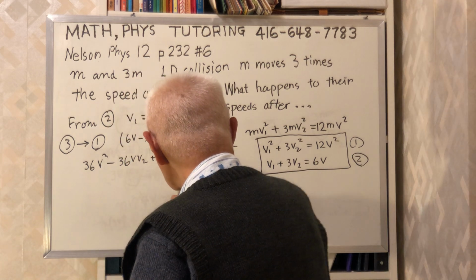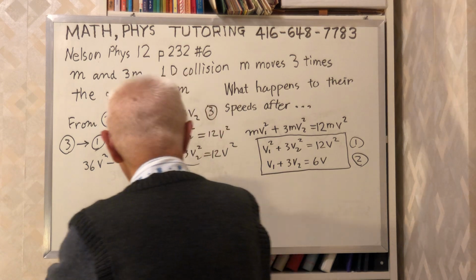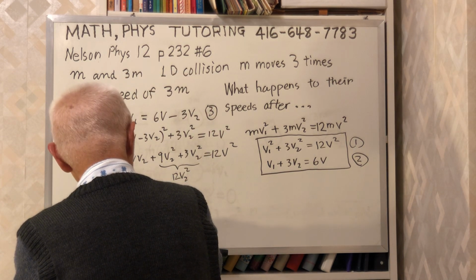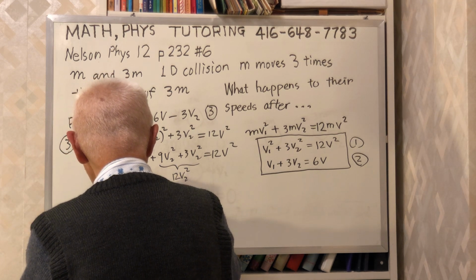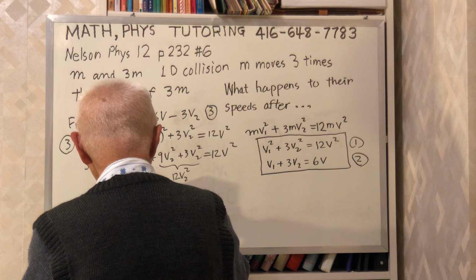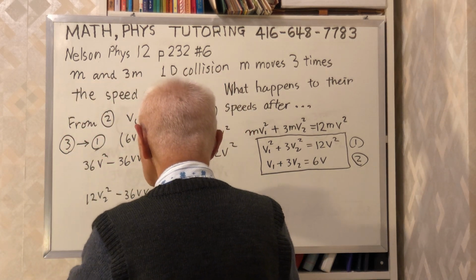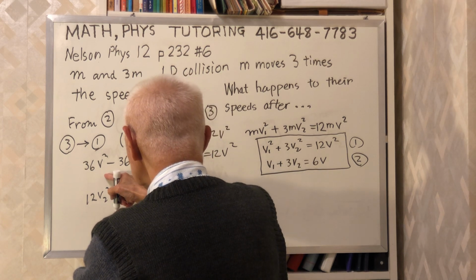This is 12v squared. So I rearrange. I have 12v2 squared minus 36 v2 v, move this to this side.